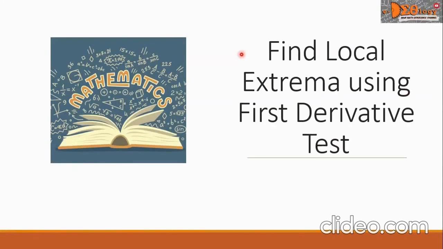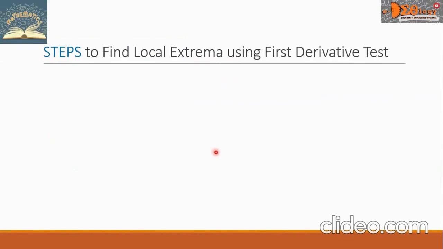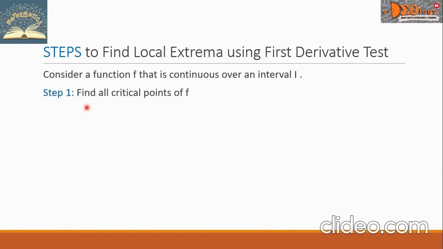In this video, we're going to find local extrema using first derivative tests. Here are the steps to find local extrema using first derivative tests. Consider a function f that is continuous over an interval I. Step 1.